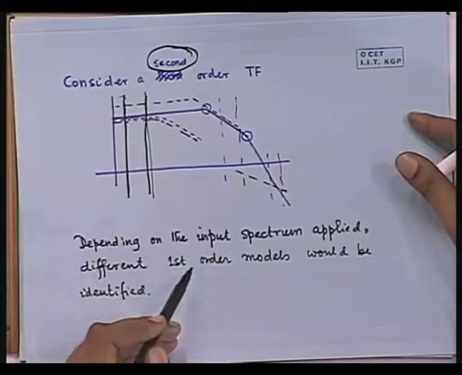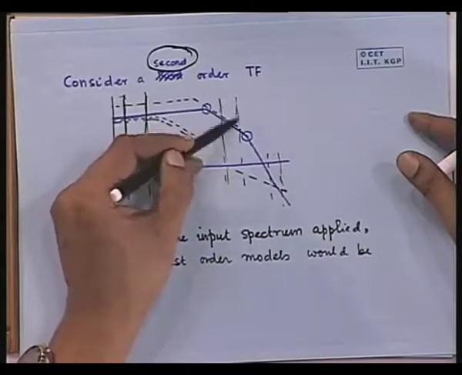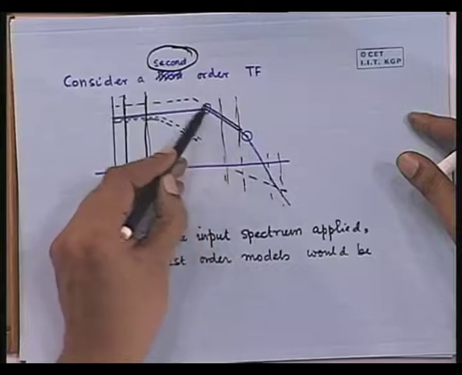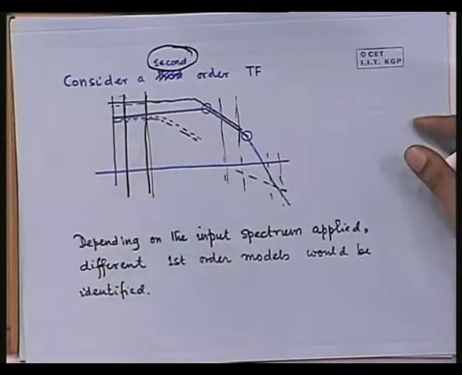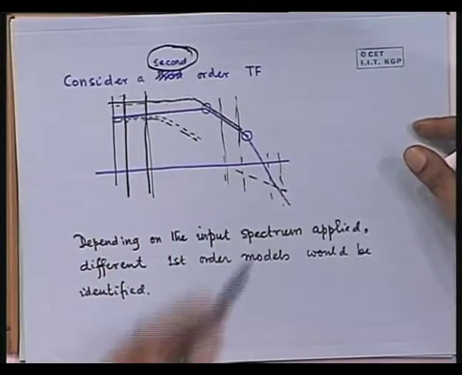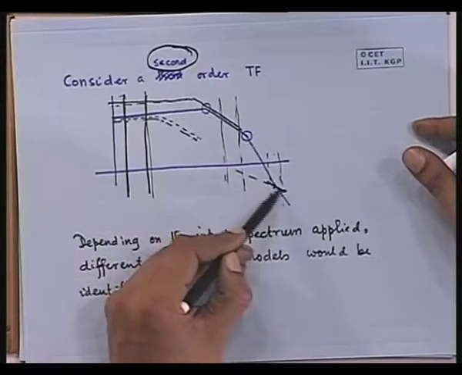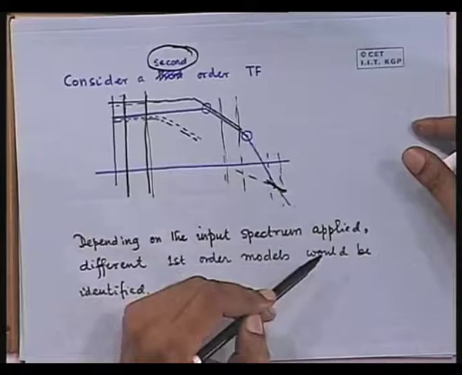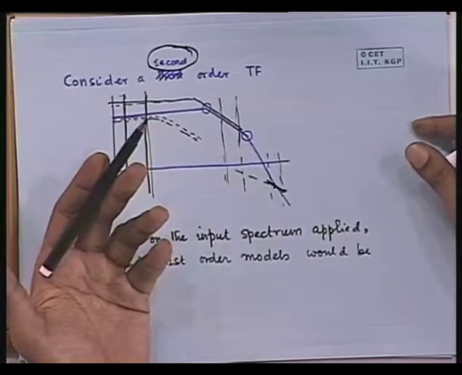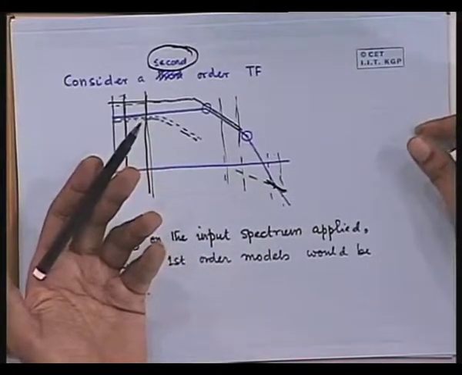If you choose an input spectrum which is here, then you will get a first order model maybe like this. And if you choose it here, then it will just try to match it as close as possible around this zone. It cannot anyway approximate 40 dB per decade, so it will be somewhere like this.